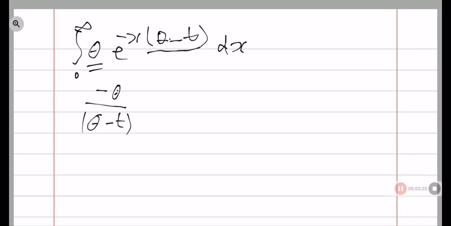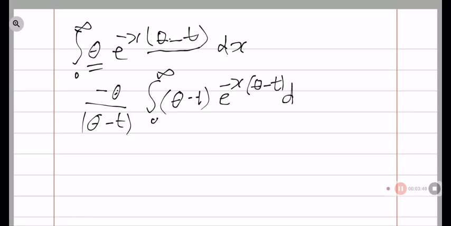Then the integral from 0 to infinity of theta minus t, e to the minus x (theta minus t) dx. Put the negative here, so all of that goes with the integral.